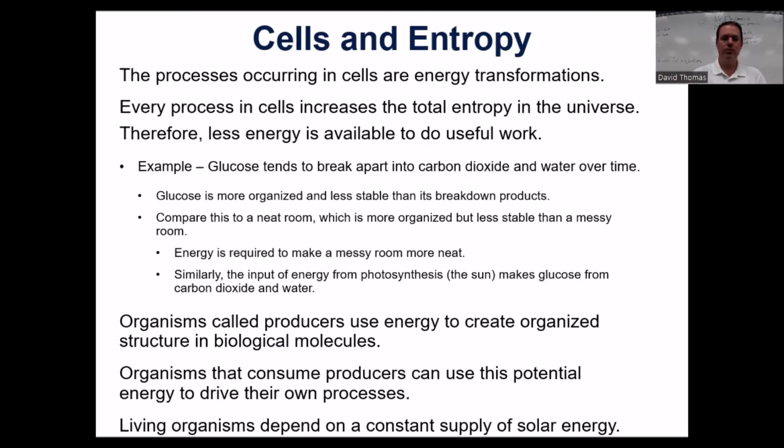And then consumers consume producers, they eat plants, they eat that energy, and use this potential type of energy, the stored-up energy in the carbohydrates, and transform it from potential to some kind of kinetic energy to drive their own cellular processes.